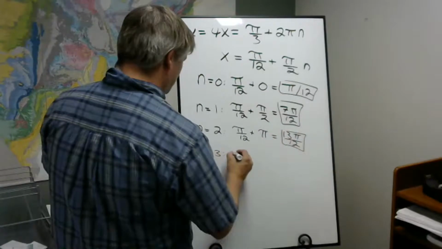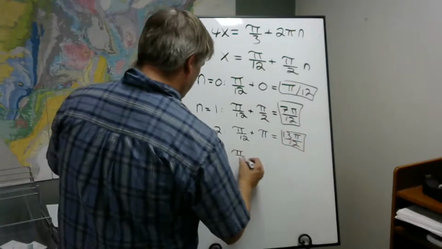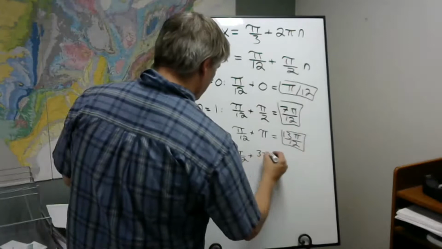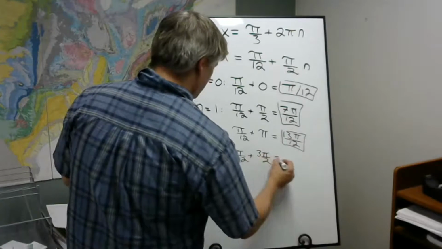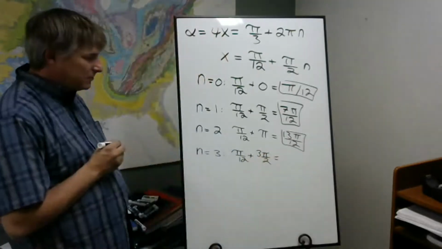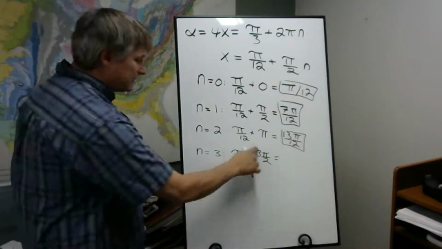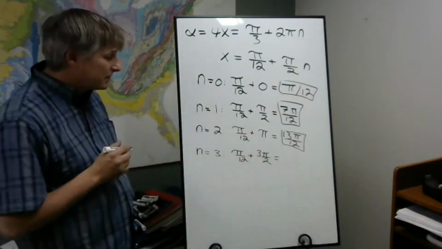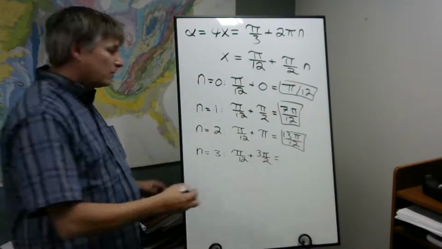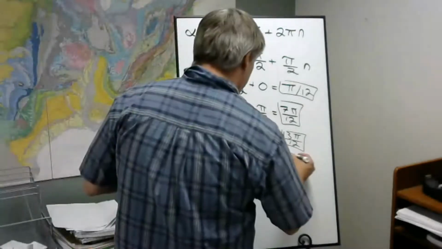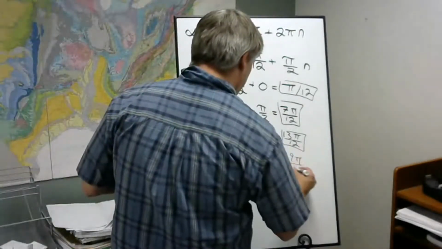N is 3. Three pi over 2. Let's see here. Got to multiply top and bottom by 6. Get a common denominator. 18 pi over 12. 19 pi over 12.